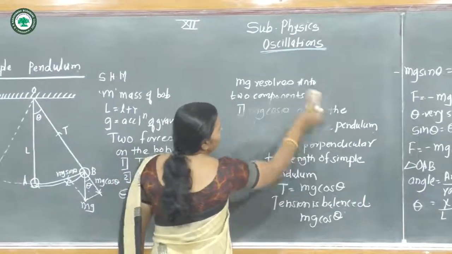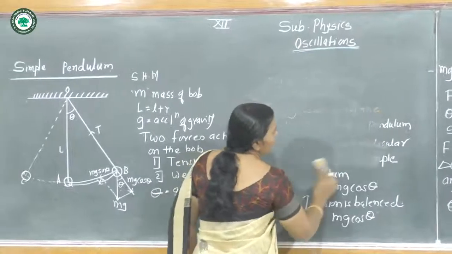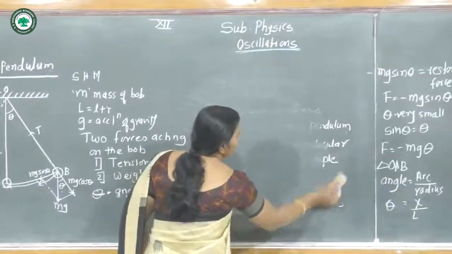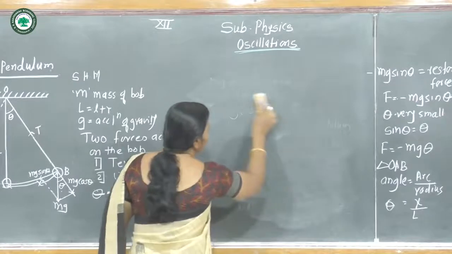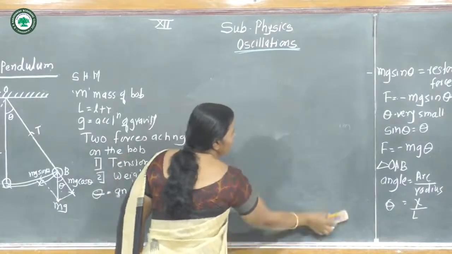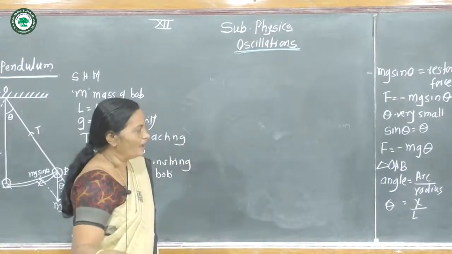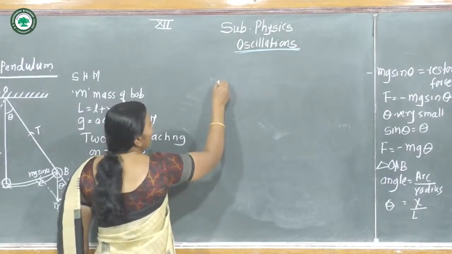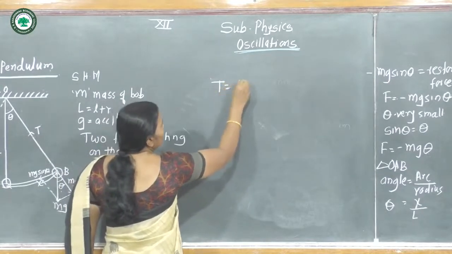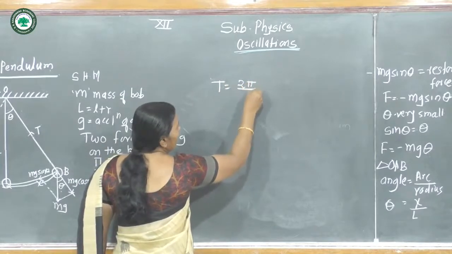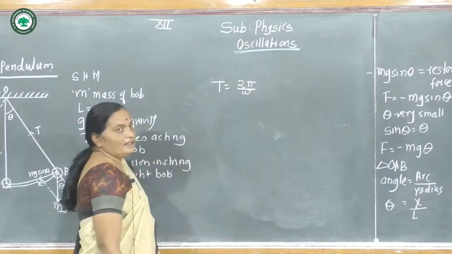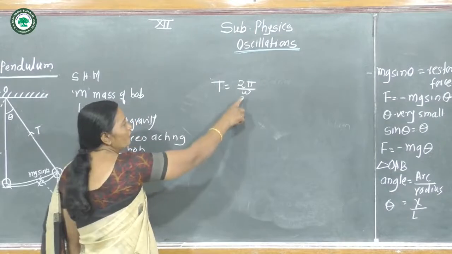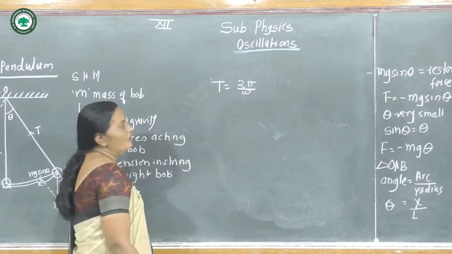Now the period of a simple pendulum is given by T is equal to 2 pi upon omega. This 2 pi upon omega, where omega is the angular velocity.